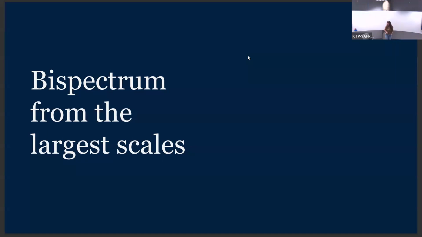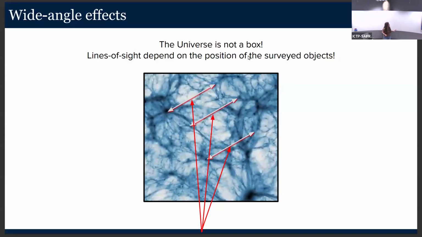Okay, so from the largest scales, now that we're starting to measure the bispectrum in these very vast volumes, I didn't prepare this presentation as well as I would have liked, so I'm going to skip a lot of details and technicalities so I can show you more interesting stuff. But this is one of the ongoing works that I'm doing. When you go to the very large scales, you have to account for the fact that the universe is not in a box.